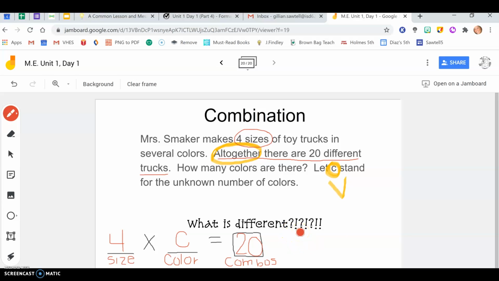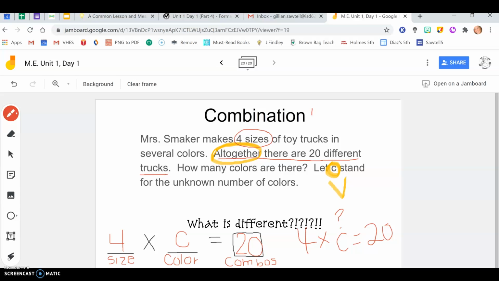So if I have an equation like 4 times C equals 20, I have to think about 4 times what number equals 20? Well, I can skip count.